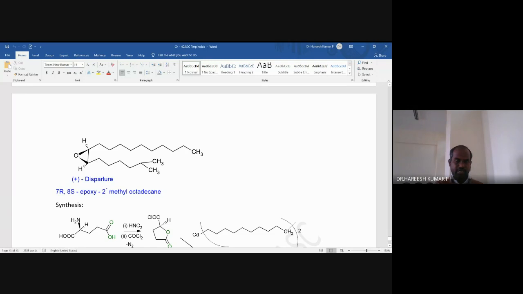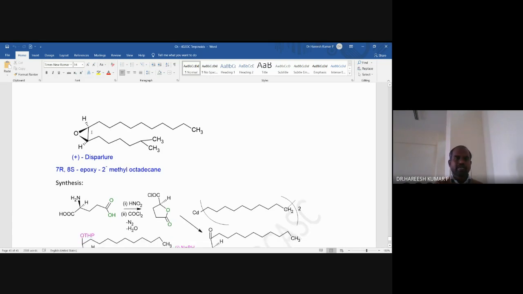So look here, the epoxide, this is called a cis epoxide, and here 10 carbon atoms, and this will be the sixth carbon atom. So this will be the stereochemical structure of Disparlure.